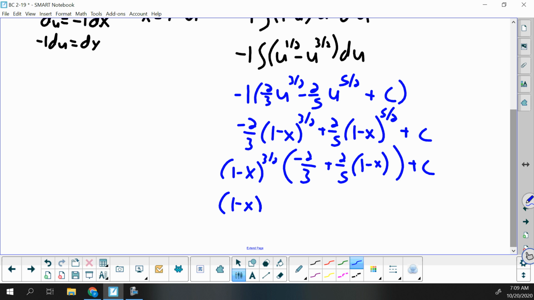Well, bringing down the 1 minus x to the 3/2, I'm going to do two things. I'm going to distribute the 2/5, and also let's get a common denominator of 15. So this is minus 10/15. So really the 2/5 with the common denominator will be 6/15. So we'll have plus 6/15 minus 6/15 x.